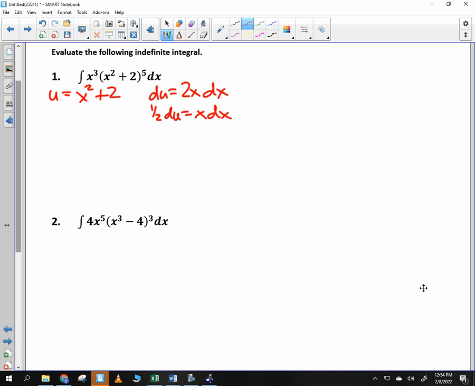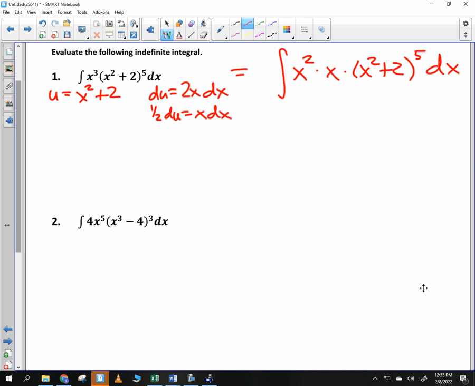Now, to try to help you out, and this is one of the kind of areas of growth you want to see as a mathematician, is being able to see an expression, be able to see it represented in multiple ways. And I'm going to rewrite this to be the integral of x squared times x squared plus 2 raised to the 5th power dx.